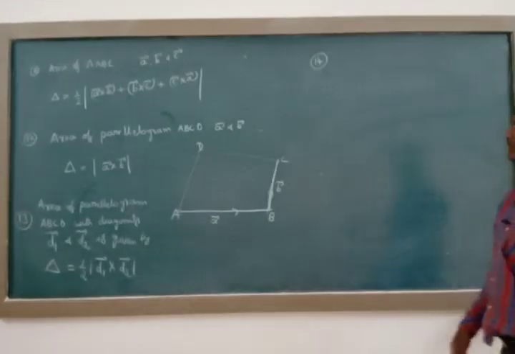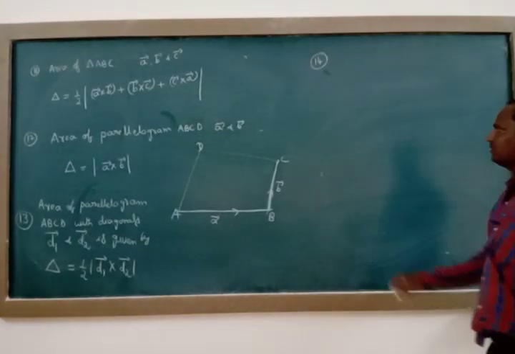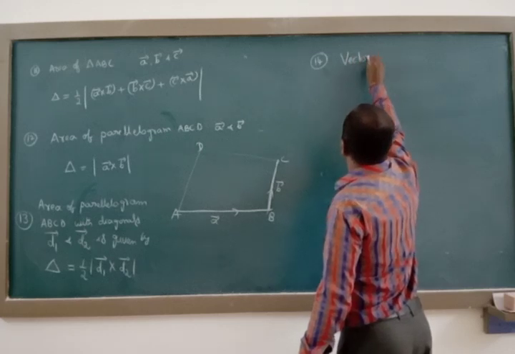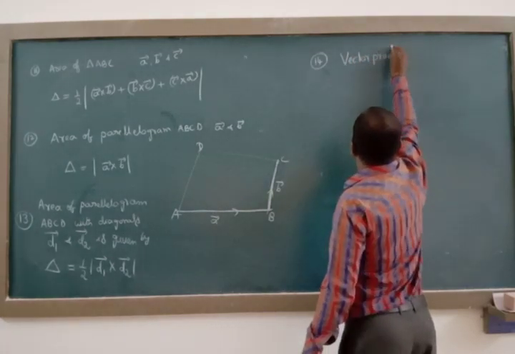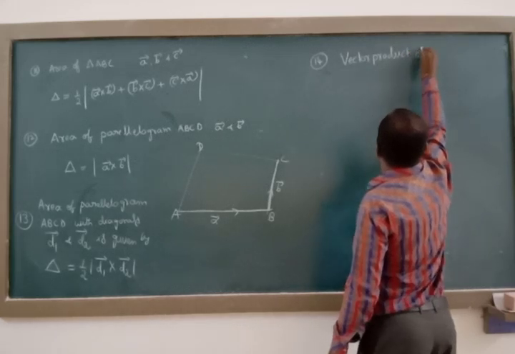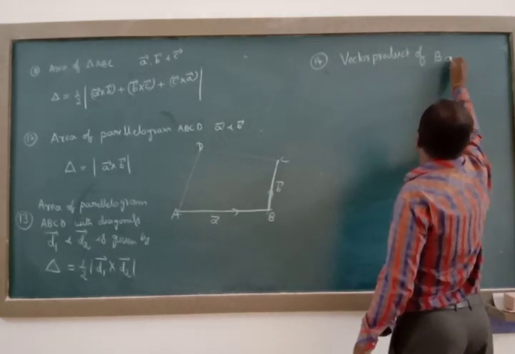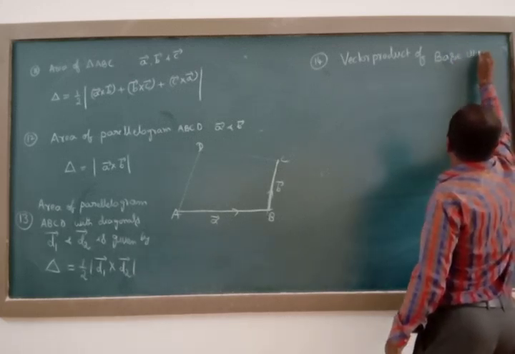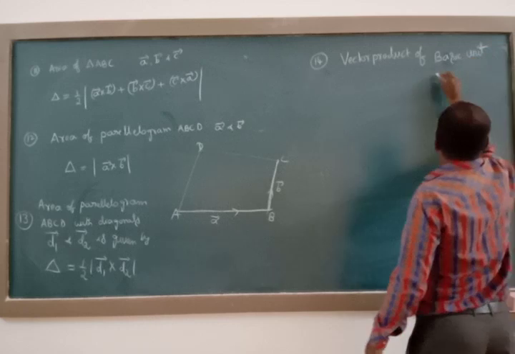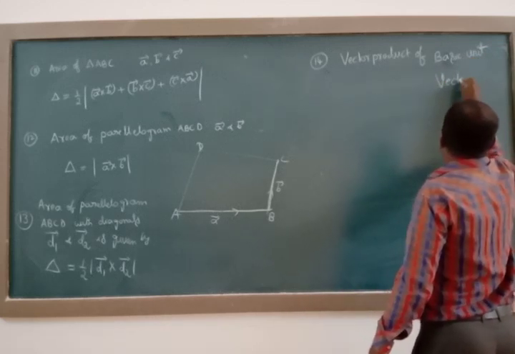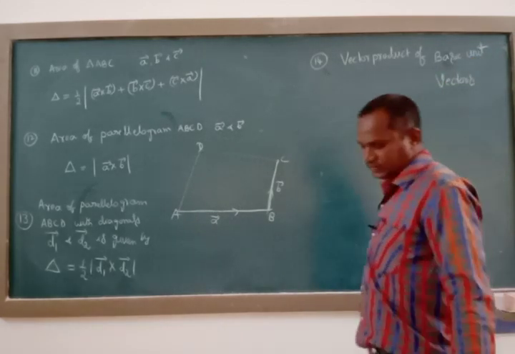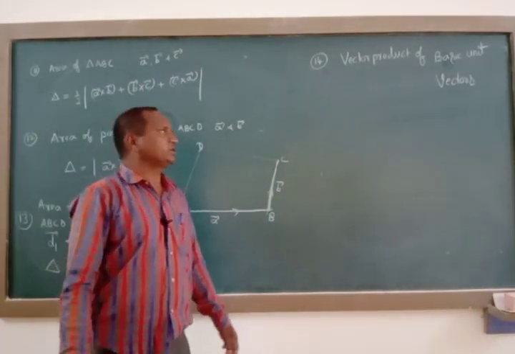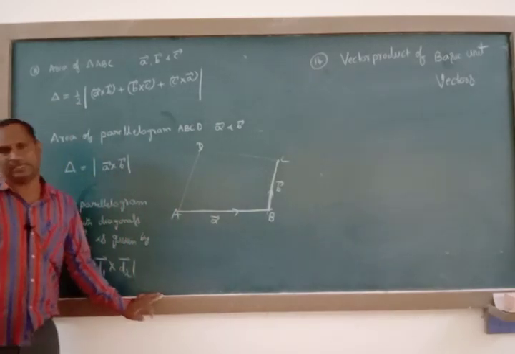Vector product of basic unit vectors. Last class, in case of dot products, we considered the basic unit vectors i cap, j cap, k cap.